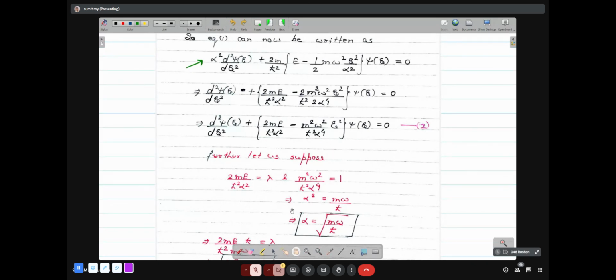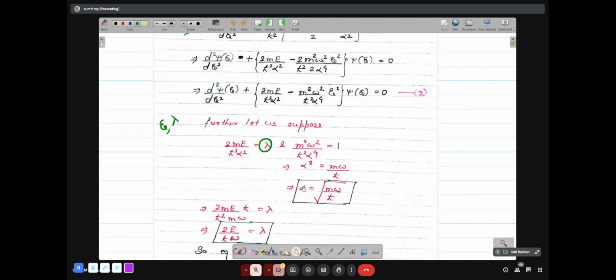Further some substitutions are made. 2me divided by h cut square alpha square will be written as lambda, and this m square omega square by h cut square alpha to the power 4 is taken as 1. Remember, this lambda is also a dimensionless quantity. Zeta dimensionless, lambda dimensionless. We were trying to convert the equation in terms of zeta and dimensionless quantities lambda and zeta.